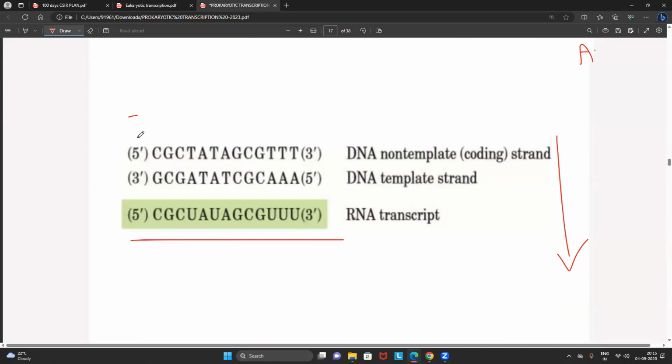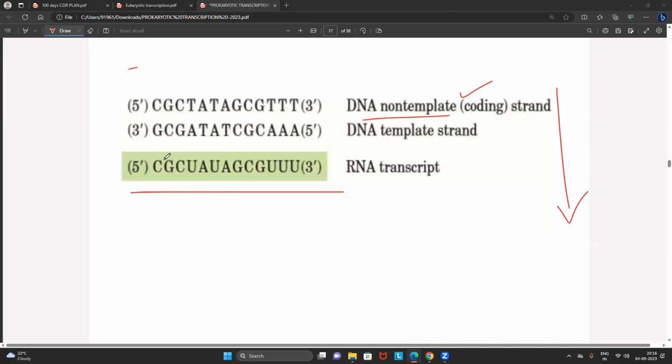Out of these two strands, which strand cannot be used by the RNA polymerase enzyme? Wonderful. The coding strand or the non-template strand cannot be used by the RNA polymerase enzyme, because if we want to synthesize the RNA, what do we require?